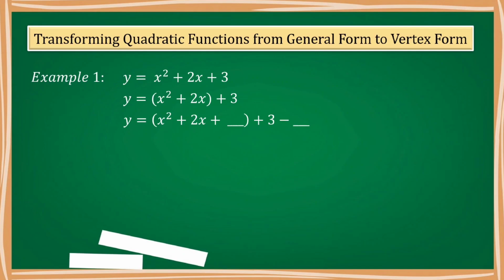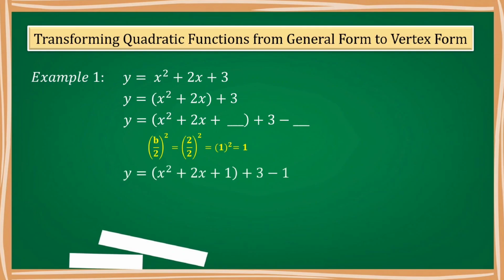So to solve for that value, we will use b over 2 squared. Then dito sa expression natin na nasa loob ng parentheses, ang value ng b is 2. So we have 2 over 2 squared, which is equal to 1 squared, and the result is 1.